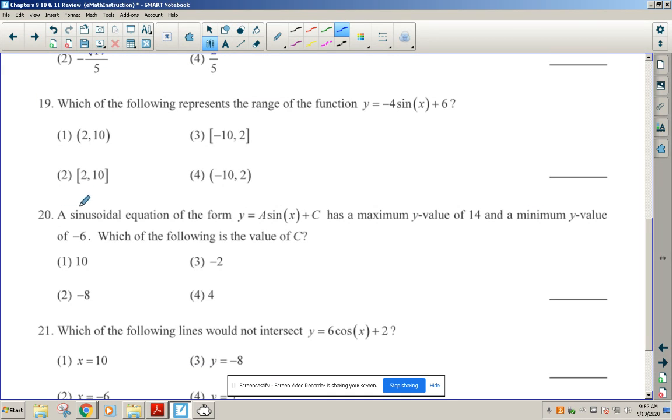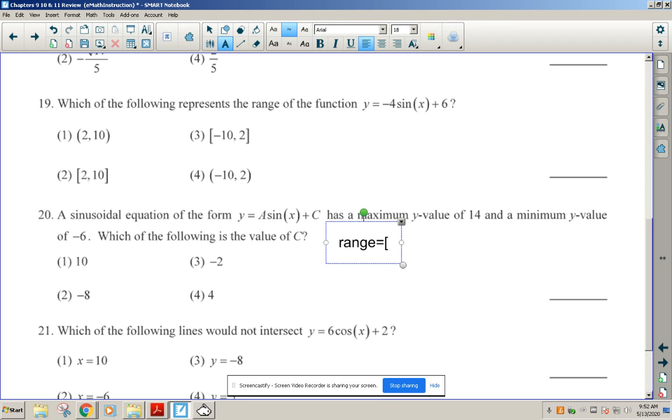Number 20, a sinusoidal equation in the form of this, which is all we've been doing since we started this, has a maximum of 14 and a minimum of negative 6. They just gave me the range, and that is negative 6 to 14. And they want to know the value of C, which is the midline.